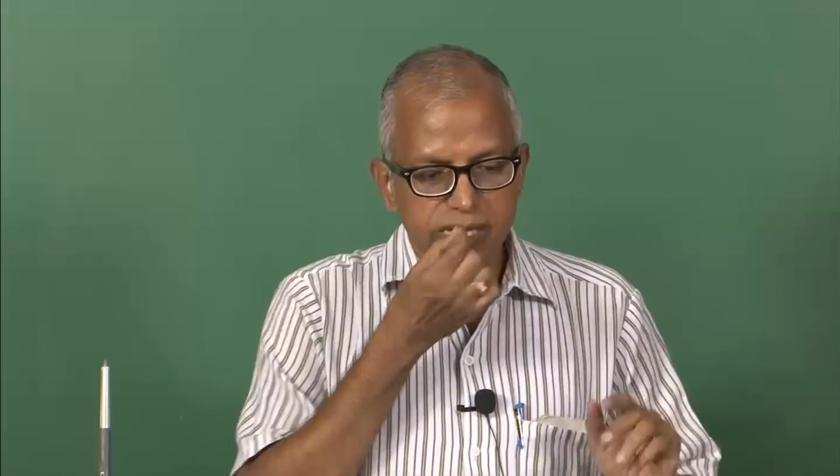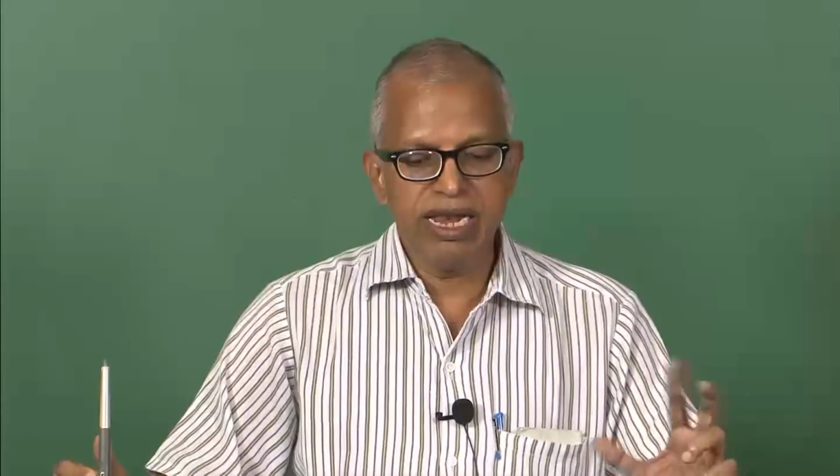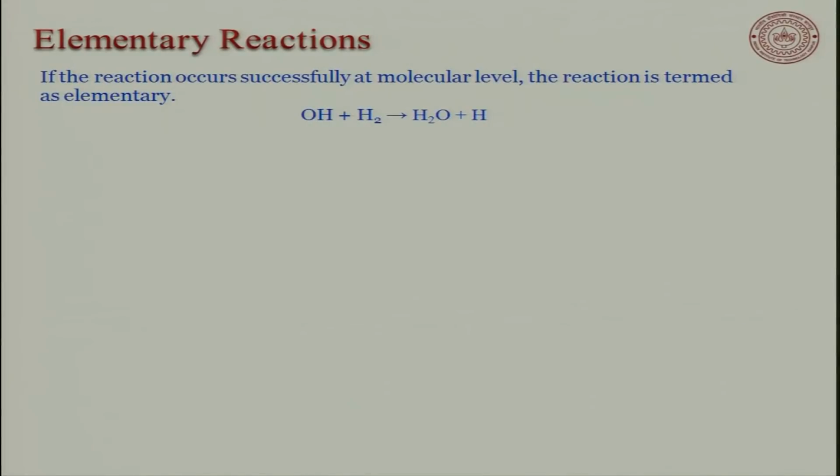So, now let us look at elementary reactions, because in case of elementary reactions the reaction occurs at a molecular level, right. And we are taking an example, OH is reacting with hydrogen and leading to water and H, and keep in mind that H is a radical and OH is also a radical.